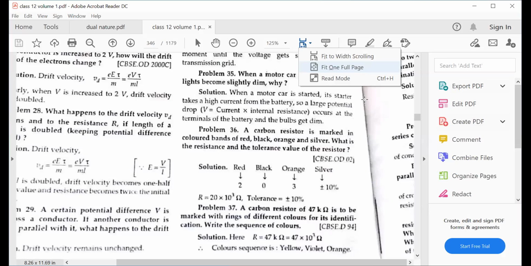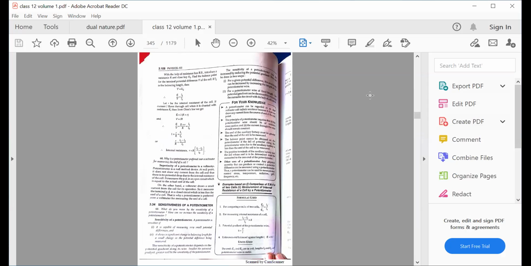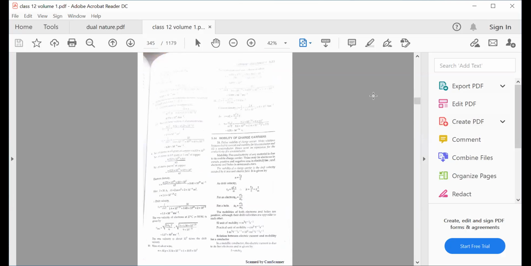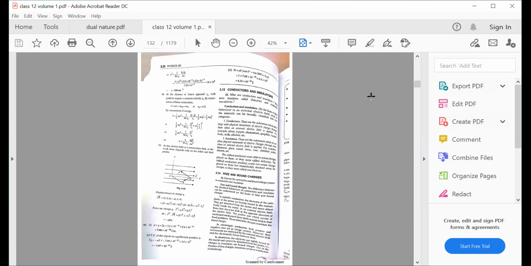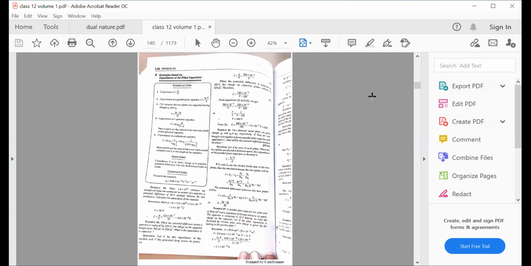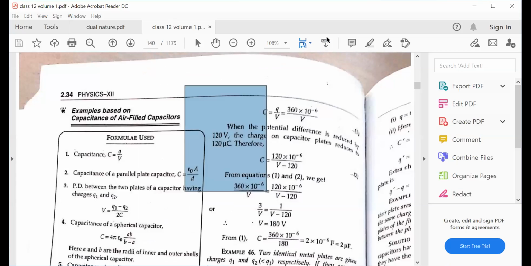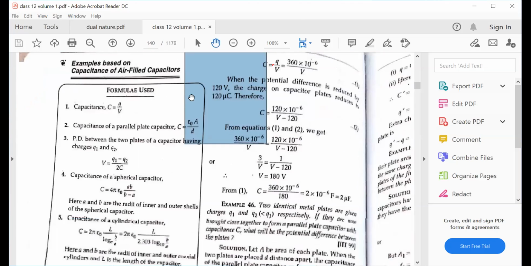One minute. Can you see the PDF? Is it visible? Yes, sir. Good. Let's do the first problem. Question number 44.